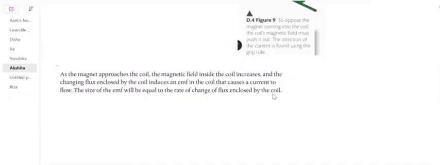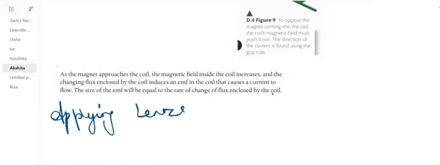Now this was all about how it should go. But now let's write applying Lenz's law.